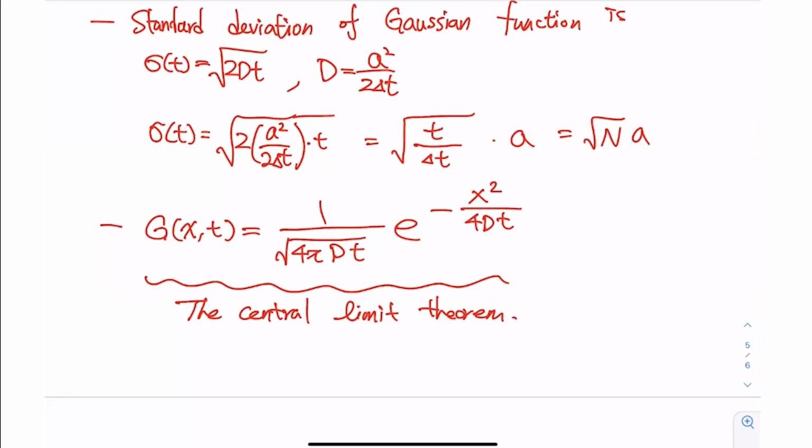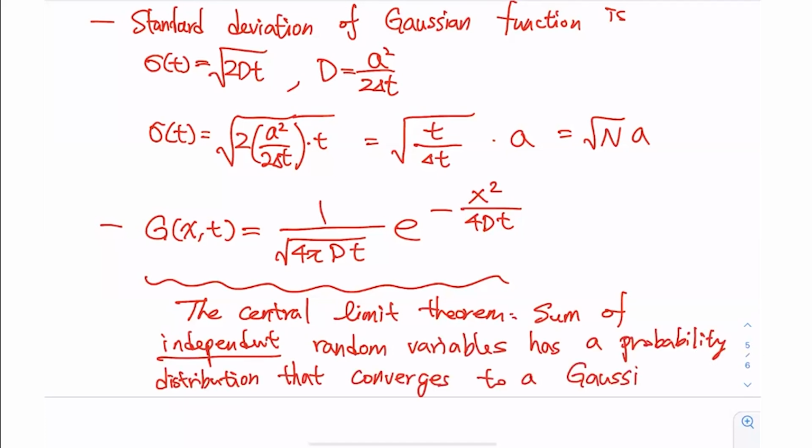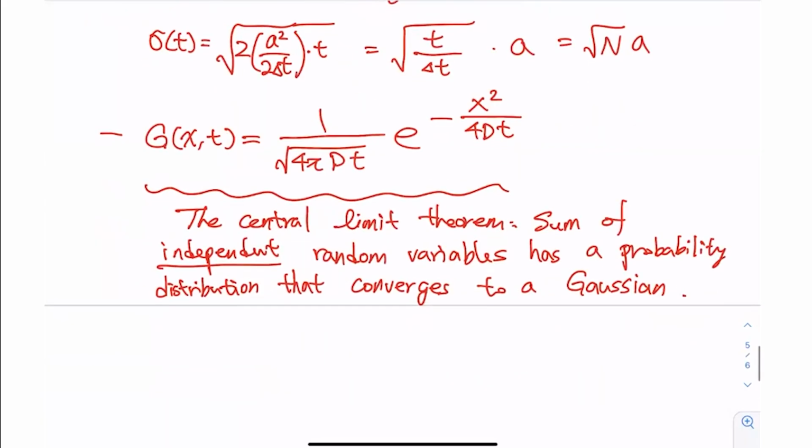And it just says that the sum of independent random variables has a probability distribution that converges to a Gaussian. Okay, so you will be proud of your homework, where you will show this result, and this is quite a remarkable result.